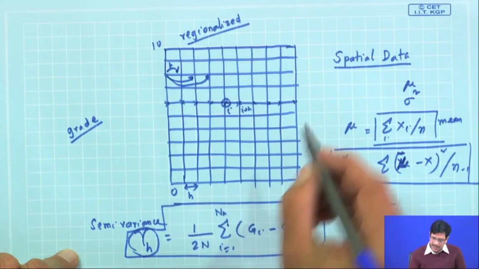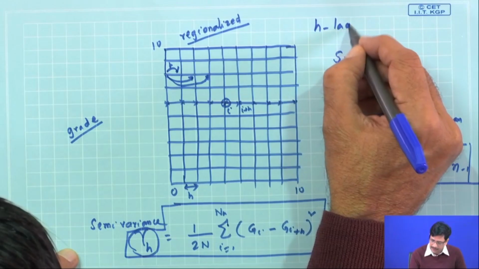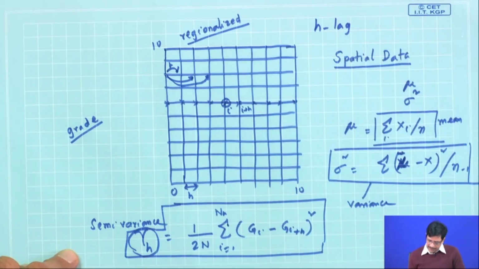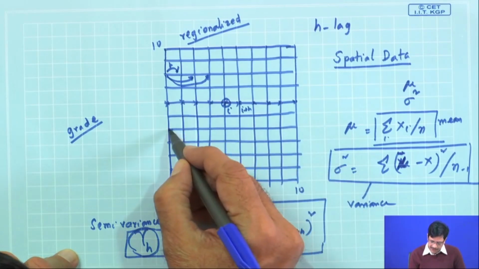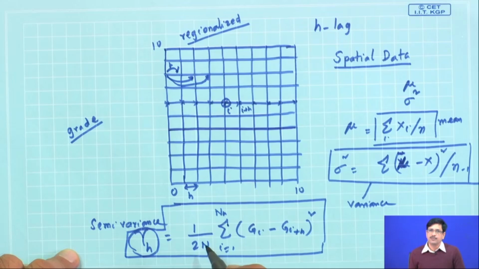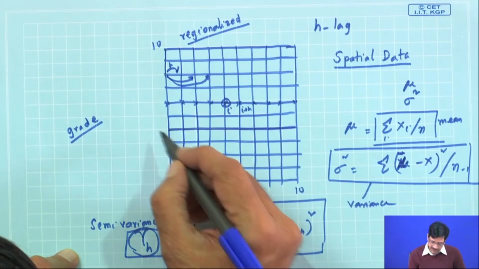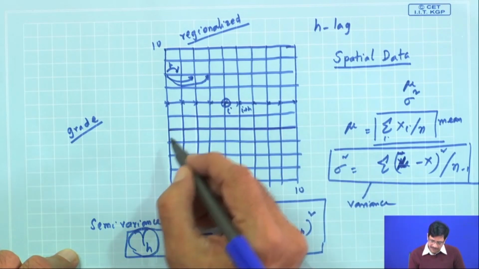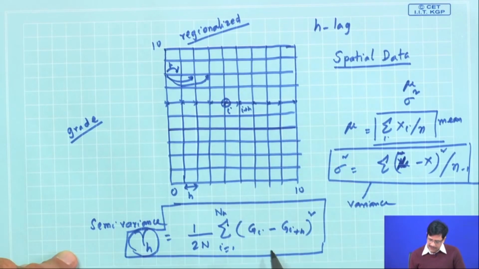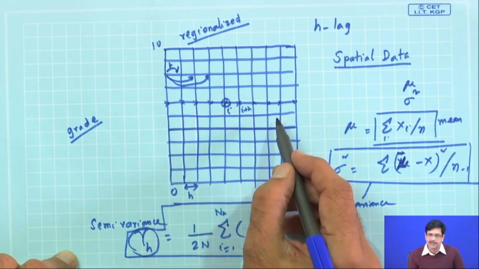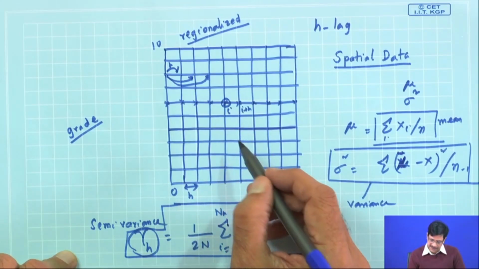Here this h is basically called the lag. If there are 10 points, suppose consider any particular one line on which there are 10 data, these 10 data are separated each by a distance of h. If I calculate this formula by taking the value at any point with respect to a value just h distance away, then I will get n minus 1 number of pairs.